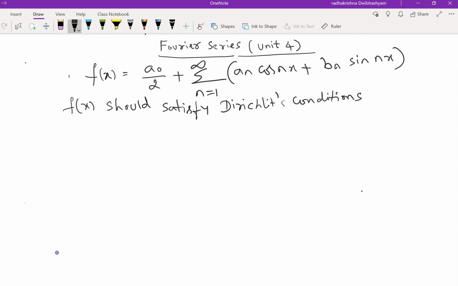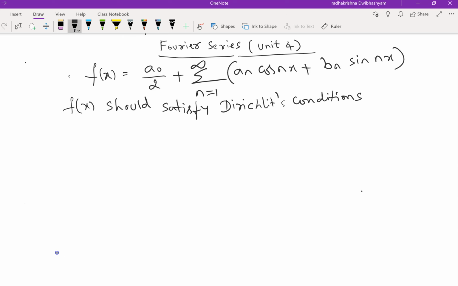What are Dirichlet's conditions? The function may be continuous or discontinuous, but it must have a finite value.